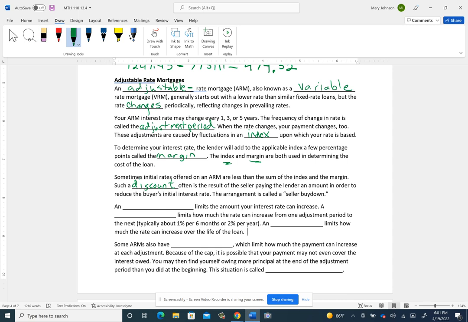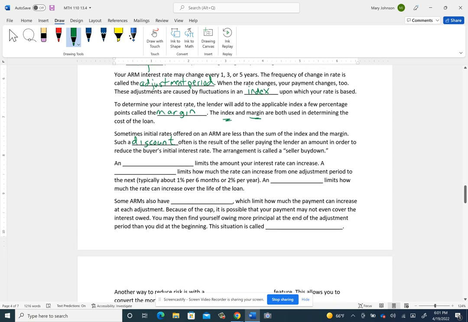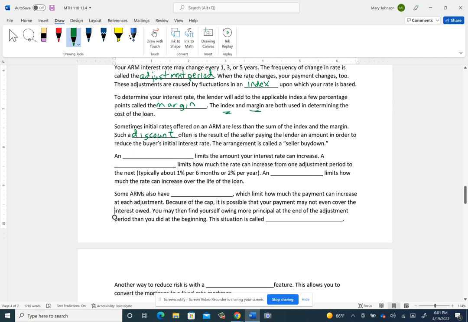All right, now, it can be super scary to think about this. If your interest rate is adjustable, who's to say, why can't they just raise it an incredible amount every time they can? Well, that's part of the terms of your loan. That's part of what's written into the loan. So you want to check on that, right?